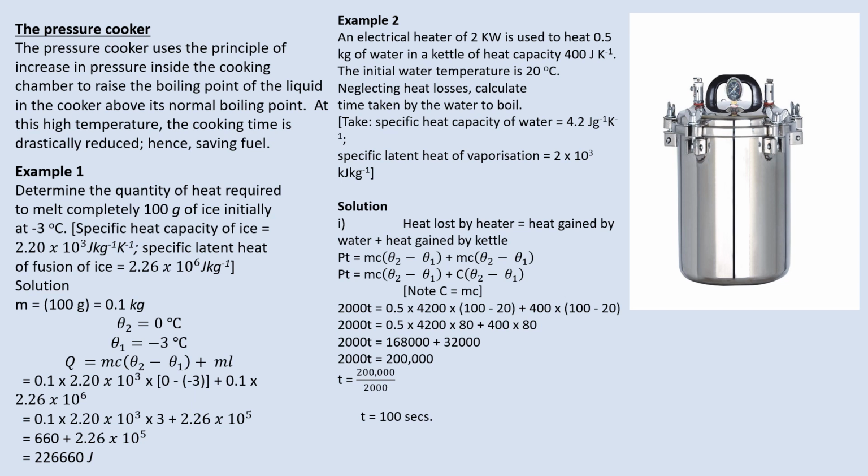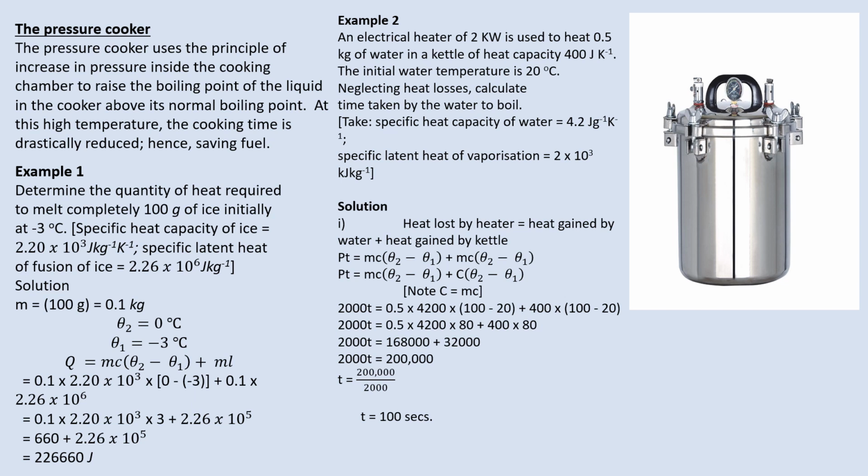That is the specific latent heat of fusion of ice. By the time we multiply those values out, we shall end up having 226,660 joules as the quantity of heat required to melt completely 100 grams of ice at -3 degrees Celsius. Let's look at the second example.